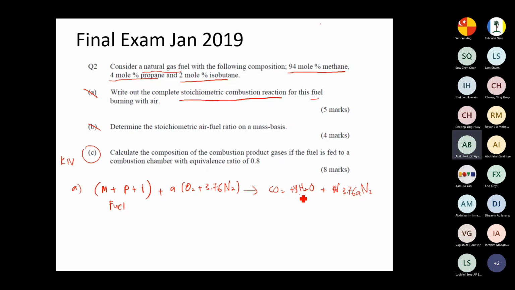So this one will be y over 2. This one is x. So now, first part, you will need to find the molecular formula of the mixture in order for you to identify what is the A, the X, and the Y.